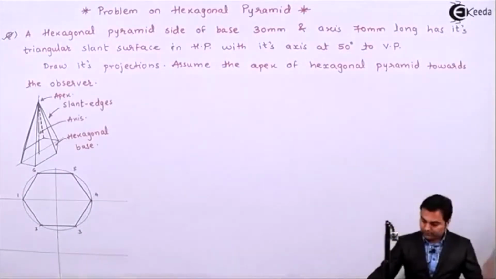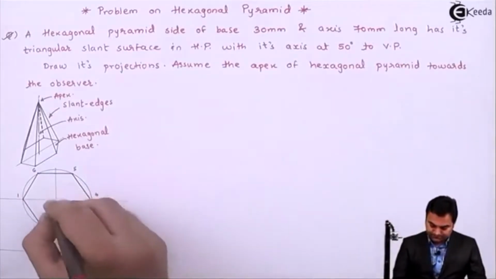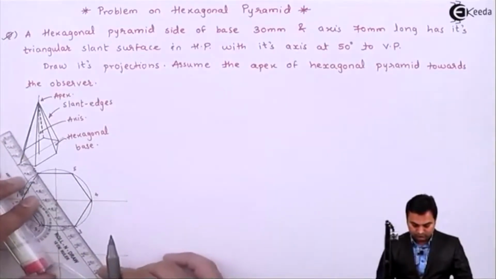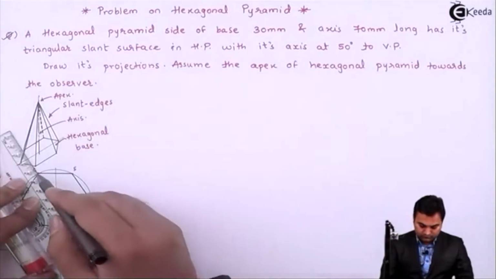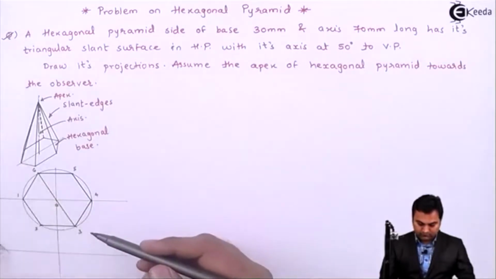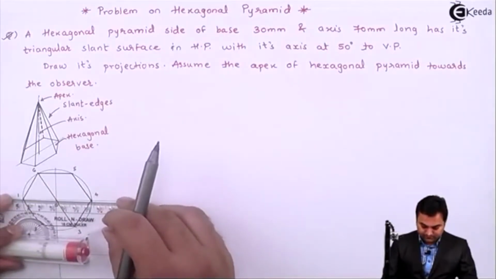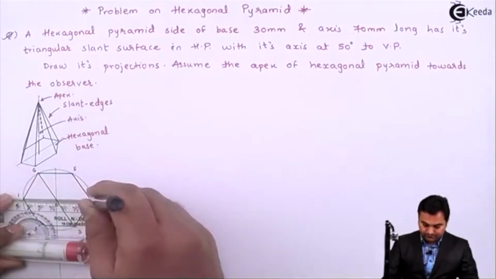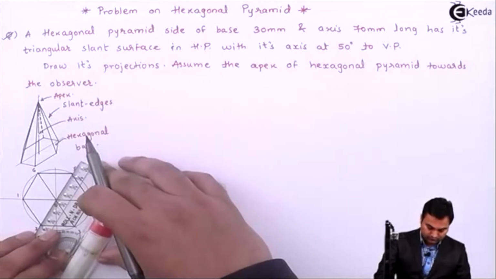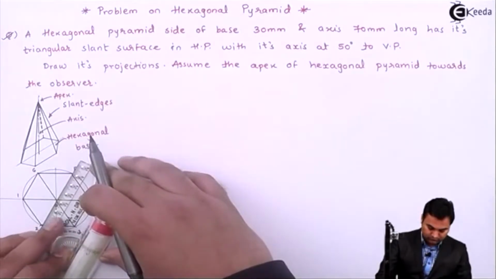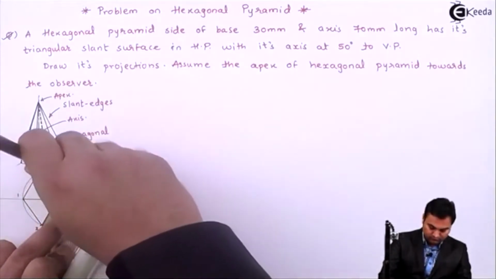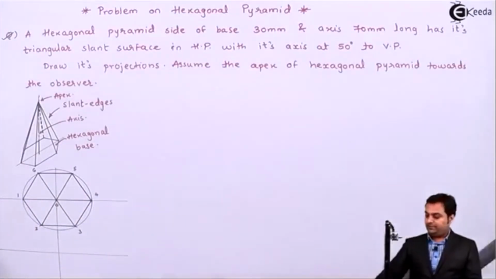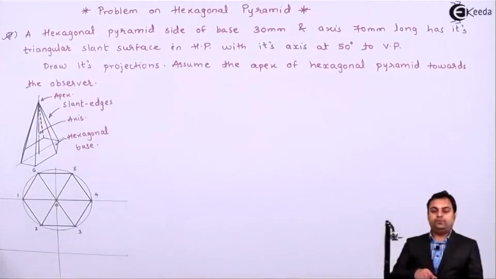And then here we have the apex, point O. Forming the slant edges is going to give me the triangular faces. Now this is one way of drawing the hexagonal pyramid, as it will look from the top.